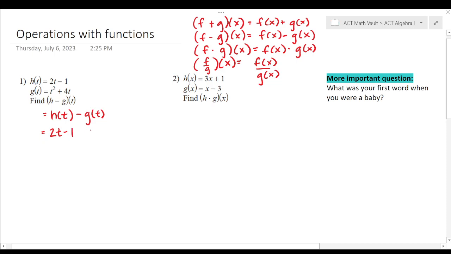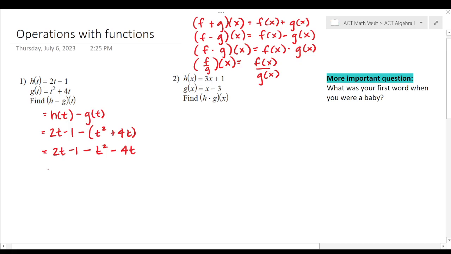And then a lot of students right here just subtract the first term of that g. But think of it like we're subtracting the whole t squared plus 4t. So that's going to be 2t minus 1 minus t squared minus 4t.